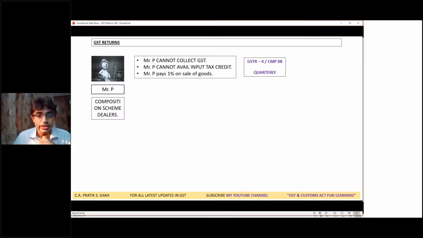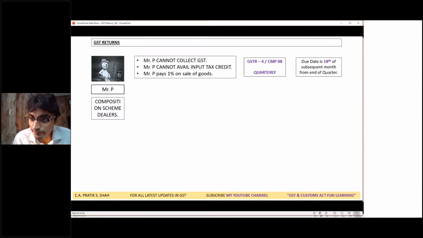For the composition dealer, there is a separate return known as CMP08, or GSTR4. Quarterly returns they have to file. What is the due date? 18th of the subsequent month from the end of the quarter.